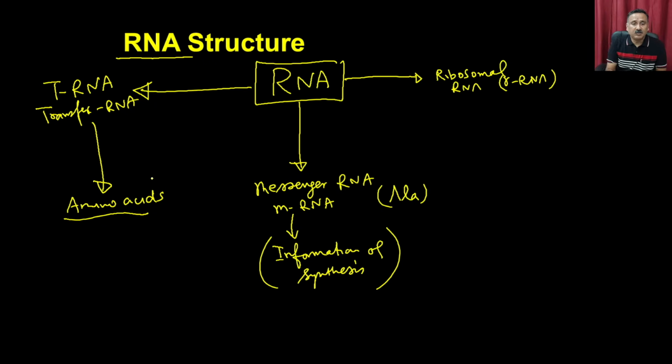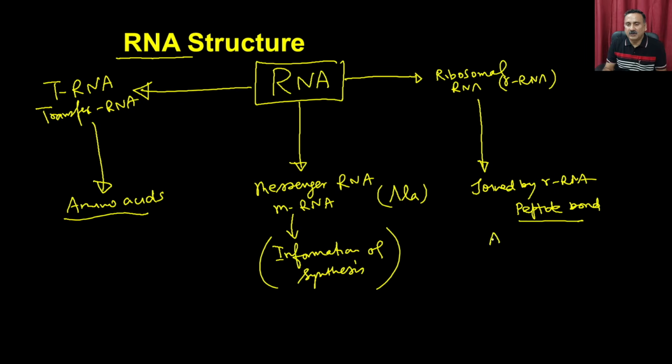Then these amino acids are going to be joined by the ribosomal RNA, and the amino acids are joined by a bond which is called a peptide bond. So basically the job of the ribosomal RNA is to form the peptide bond between the A and B, and that's how it is going to start synthesizing the protein molecules.